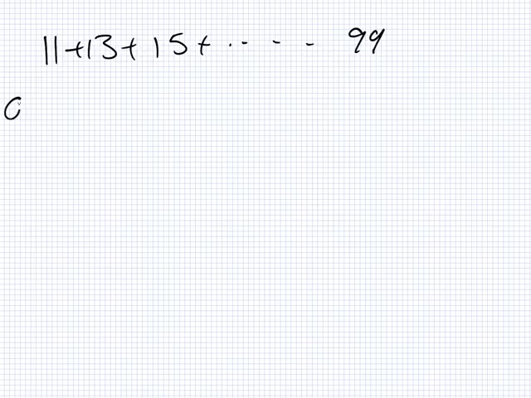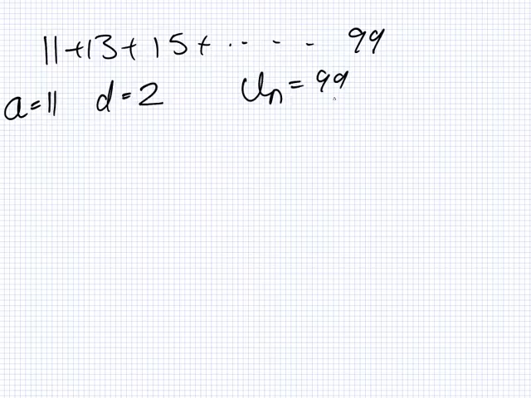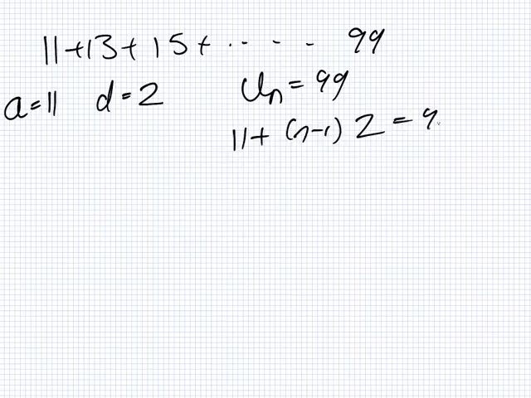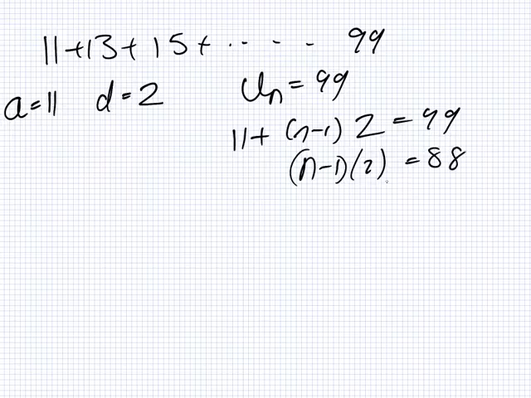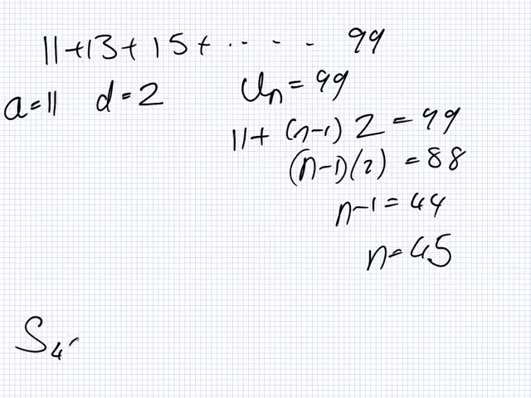So the A is 11 and the D is 2, and we need to get the N. A plus N minus 1 D: N minus 1 D equals 88. N minus 1 equals 44. N equals 45.